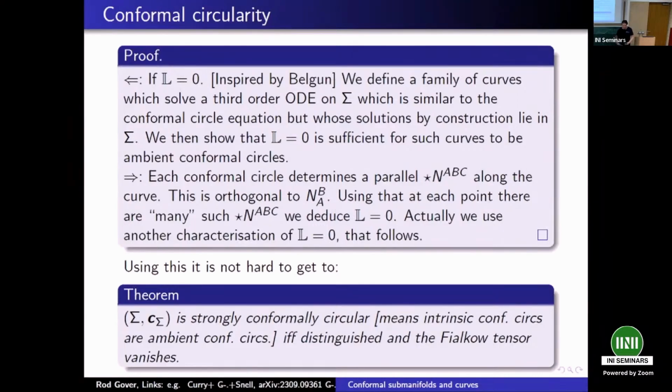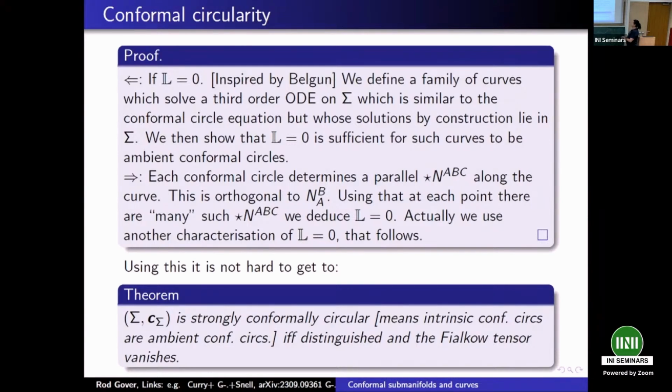So it's made out of things that mean that the curves stay in there, and then the equation is constructed in such a way that you can then show that if L equals 0, those curves are conformal circles for the ambient conformal structure. So it's a slightly subtle and quite complicated argument. So I can't give it all here, but that's the idea.